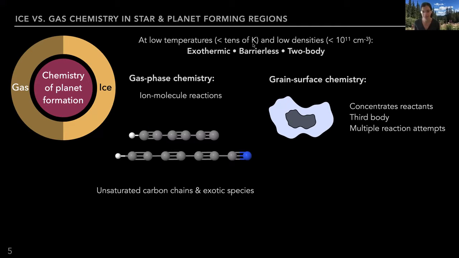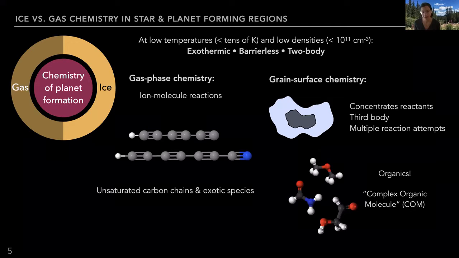So the result is that when chemistry is happening on ice surfaces, you're actually able to produce organic molecules. And as a note of terminology, astrochemists call any molecule that's 6 atoms or bigger a complex organic molecule. We should note that these are not complex by any terrestrial standards, but it is the limit of chemical complexity that we can detect through astronomical methods.